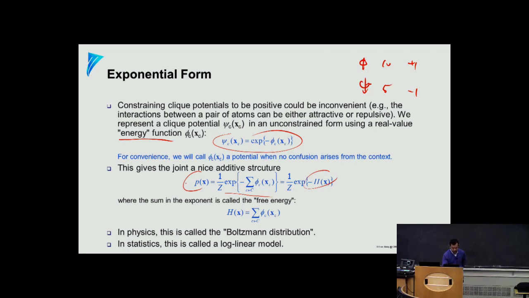And this distribution is known as the Boltzmann distribution in statistical physics. In statistics, it's also called the log linear models. And we're going to review why it's called log linear models later. Okay, so this is just, as of now, for convenience. You can now specify negative numbers to these kinds of functions. And of course, domain specialists will have more interpretations. They will have more reasons and motivations behind it, which we're not going to cover.